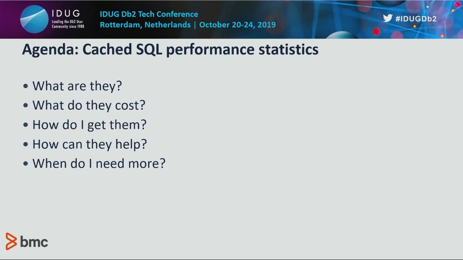So I'll go through some fairly straightforward examples of SQL in need of tuning and how these statistics can highlight that, and then show the benefit of tuning on that SQL, and also cover a few situations where you really need to look at other things to help with your application performance. Feel free to ask questions at any time, and with that, I'll get started.